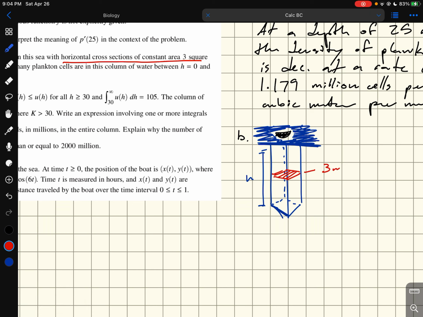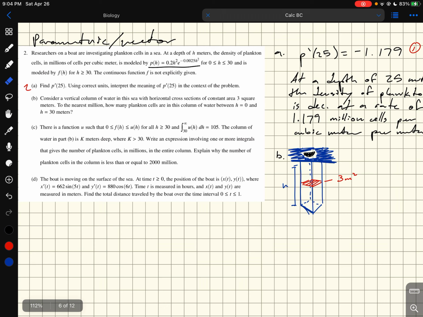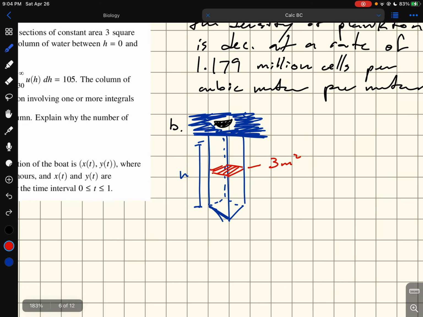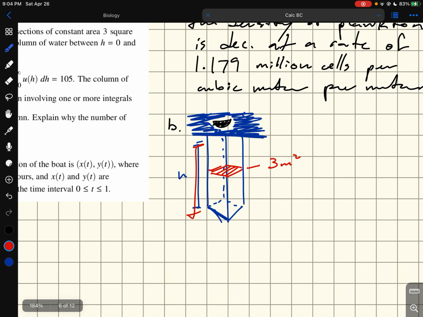What a nice little drawing. And then how much plankton are in there? We're essentially adding up cross sections all along this H depth. So that means we're going to take the integral of this H.